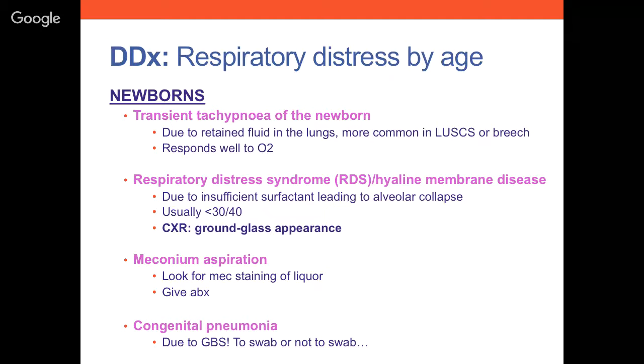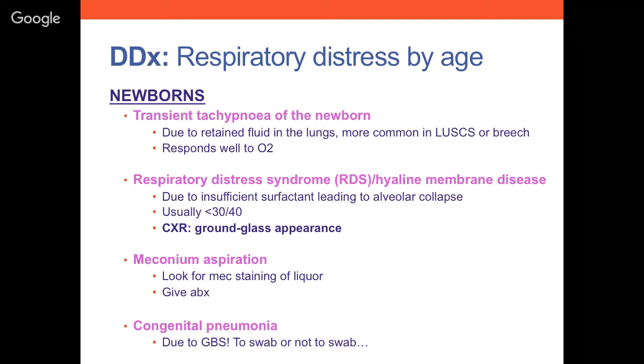So I was at Frankston last year and they always swabbed for GBS, and other people do swab for GBS. It's a really interesting debate, and if you want a fun conversation topic with your gynecologist or obstetrician, feel free to bring it up. But essentially, you're trying to figure out if this baby is at risk for pneumonia or not.